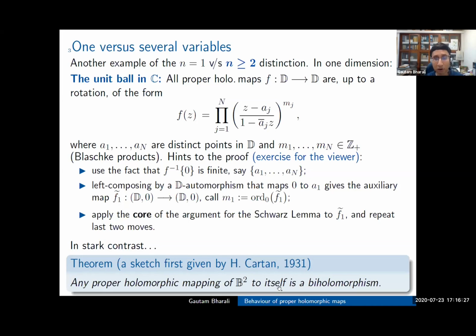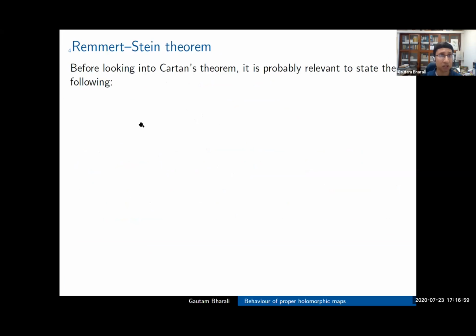So a very young Henri Cartan was the first to prove this rather interesting result: when you look at the unit ball, not in C this time, but in C2, then any proper holomorphic self-map is forced to be a biholomorphism. Remember, this is the phenomenon that I had advertised in the first slide. Very different story in 2 dimensions from the story in 1 dimension.